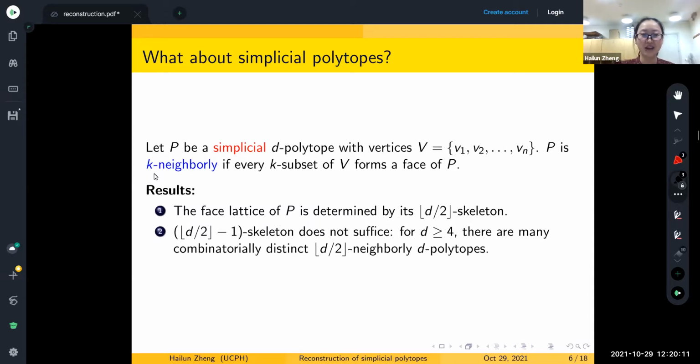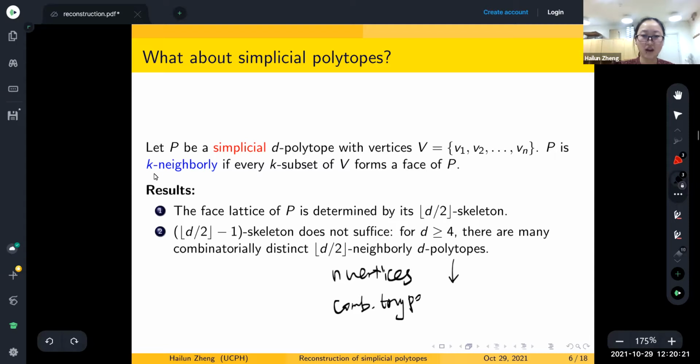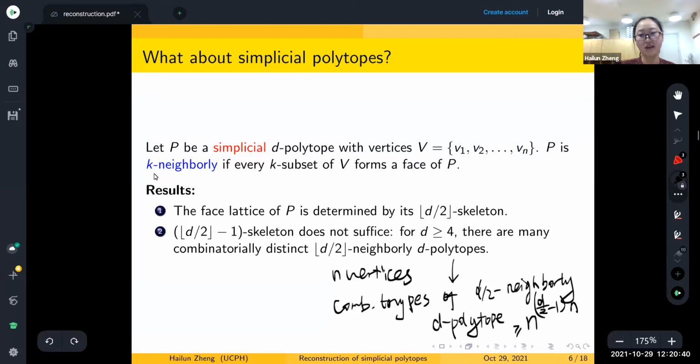So let's say that I have n vertices, and then I know that the combinatorial types of D over 2 neighborly polytopes of dimension D is at least, I think, greater or equal to n to the D over 2 minus 1 times n.